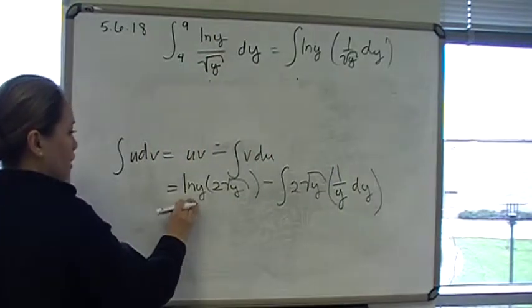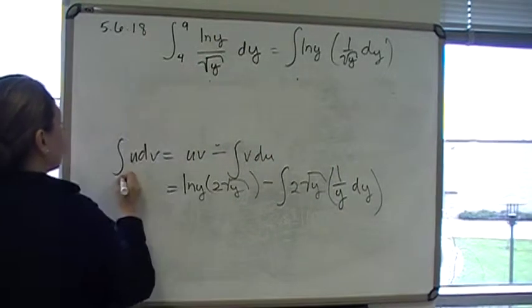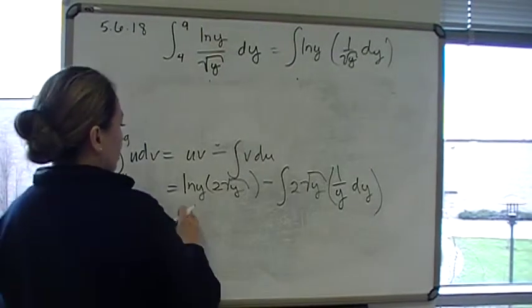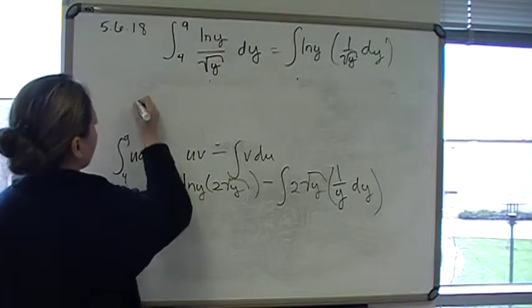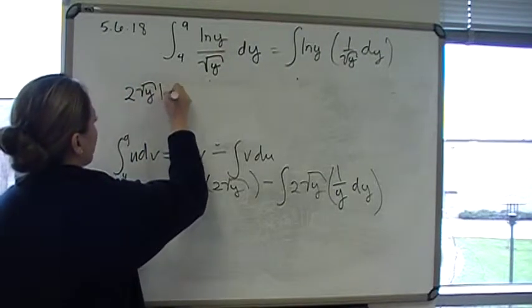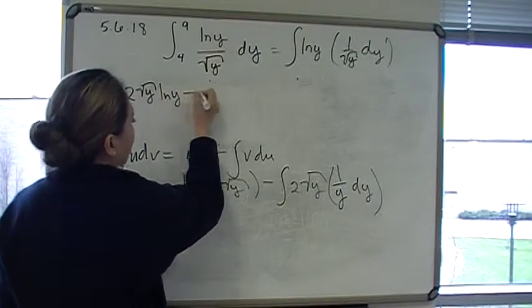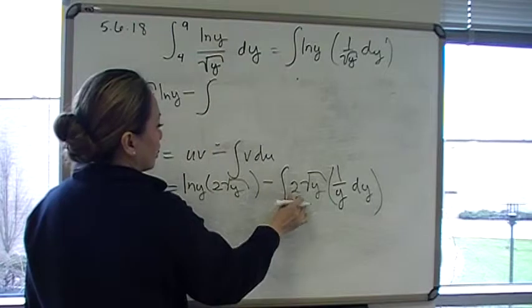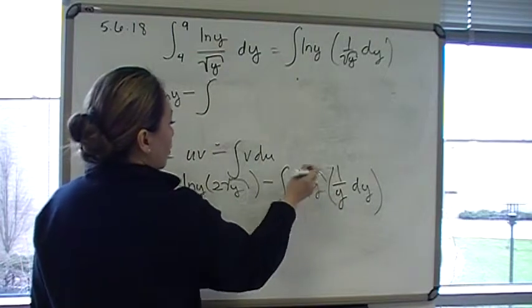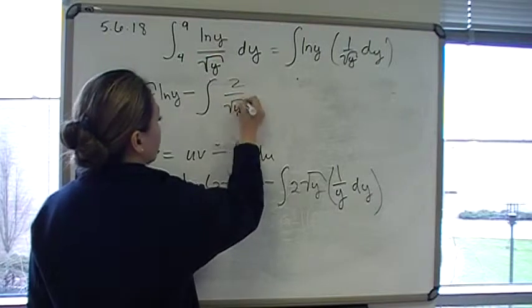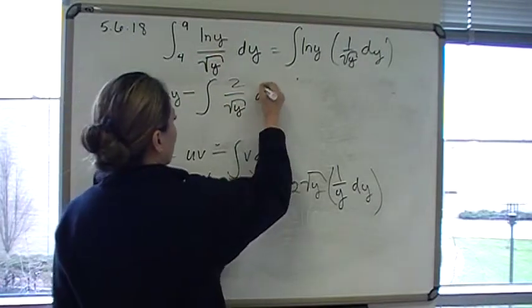So now, this was a definite integral, so we're evaluating from 4 to 9. So we have here 2 root y, natural log of y, minus the integral of 2 root y over y, dy.